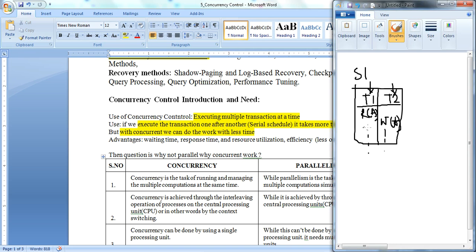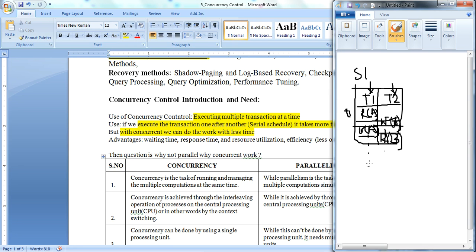This is the concurrency: T1 reads A, then T2 writes A, then T1 writes A, then T2 reads B. This one is a concurrency process.